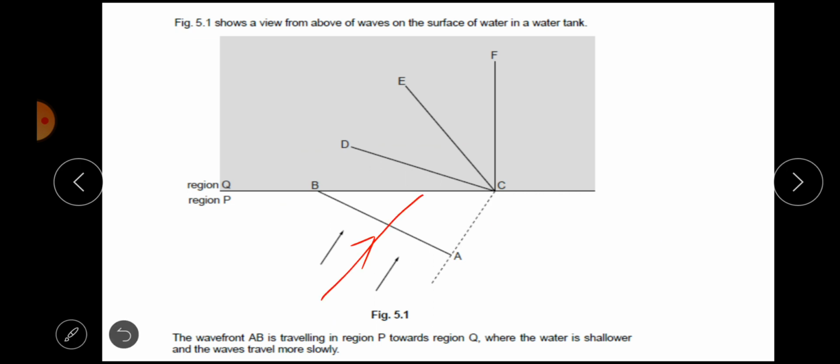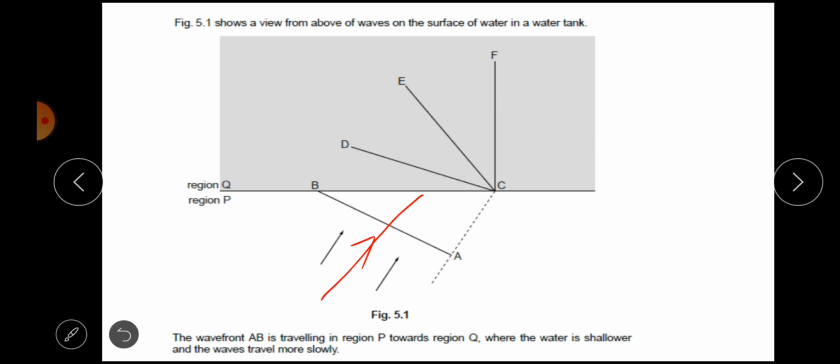Region Q is where the water is shallower and the waves travel more slowly. Just like you can see how the waves are now traveling slowly in region Q.